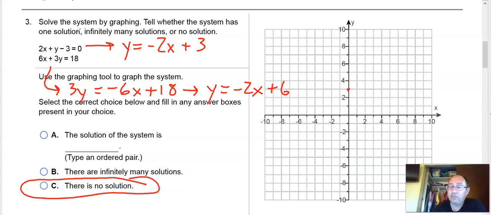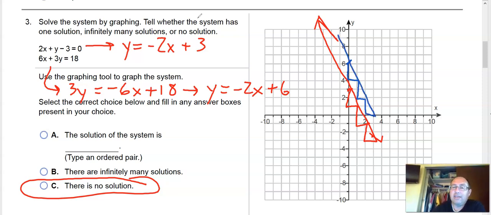But if you want me to graph it just to prove it to you, we'd have 3, and then down 2 over 1, down 2 over 1, down 2 over 1, and so forth, giving me that. And I'm sloppily doing the rest of that just because I already know the answer. And 6, and doing the same thing, down 2 over 1, down 2 over 1, down 2 over 1. So we're getting that same parallel shape.